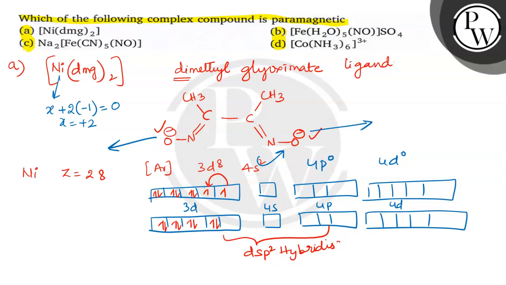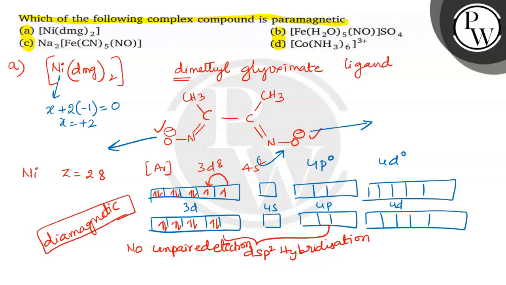So tell me, is there any unpaired electron here? There is no unpaired electron. As there is no unpaired electron, it is diamagnetic. So it is a diamagnetic complex but not paramagnetic. Question में क्या पूछा है? Paramagnetic complex बताना है, but this is a diamagnetic complex.